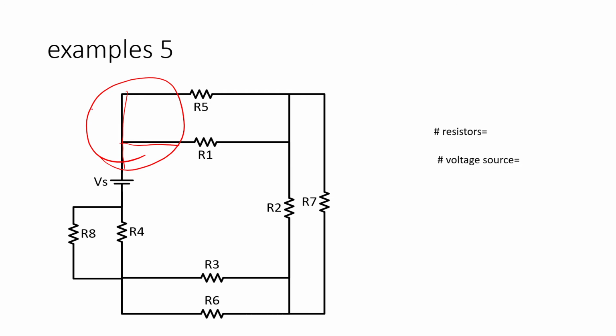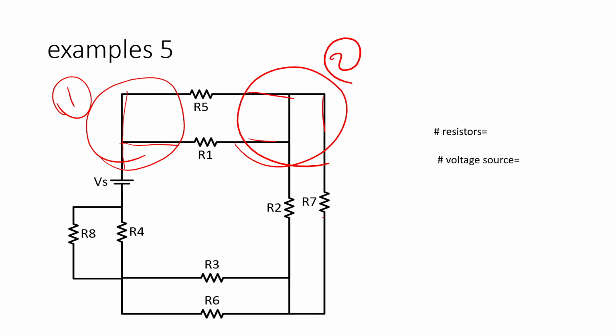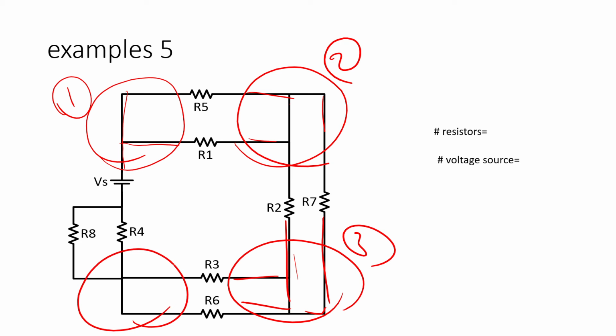This is a connection point, so this is a node. Since it is a connection point, I will call it 1. This is another connection point, so I will call this 2. This is a connection point, so I will call it 3. This is 4 and 5.